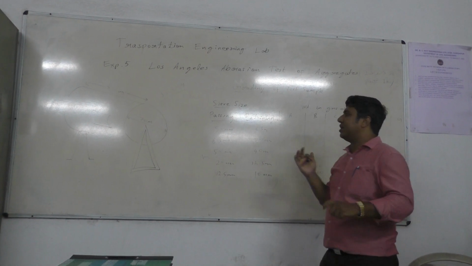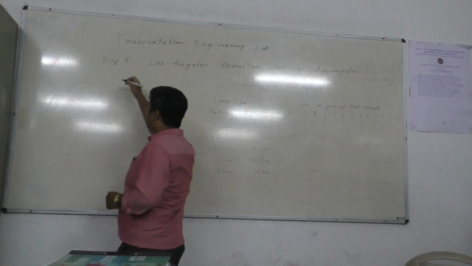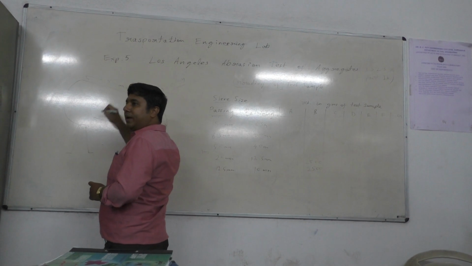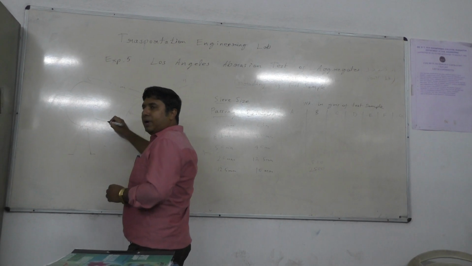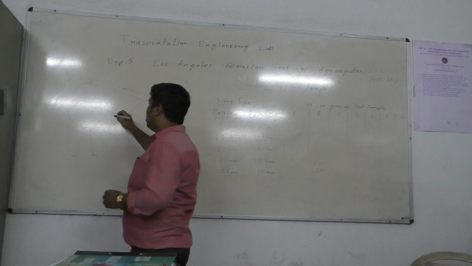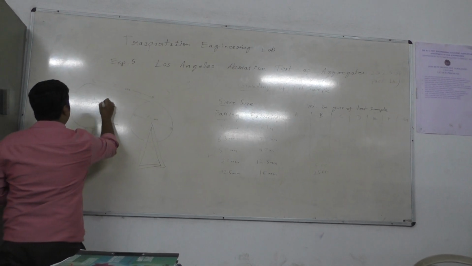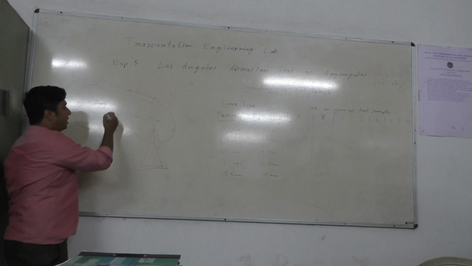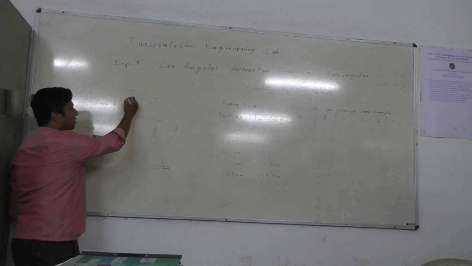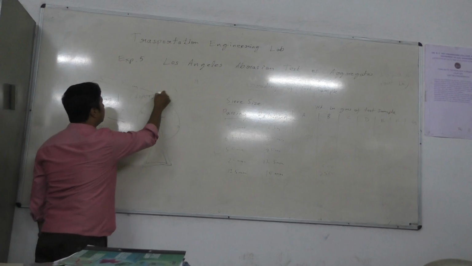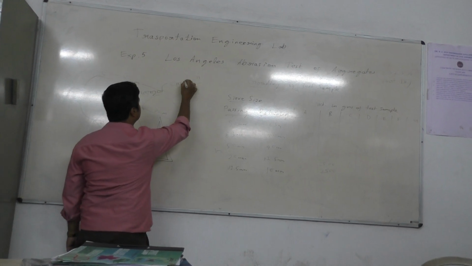Because, as I have told you, there are abrasive charges, a number of steel balls. Inside your Los Angeles machine, you have to insert aggregate of certain specification, certain size, plus your abrasive charges. These are steel balls or cast iron balls.